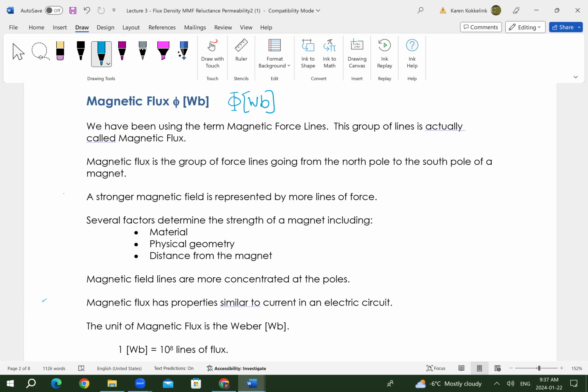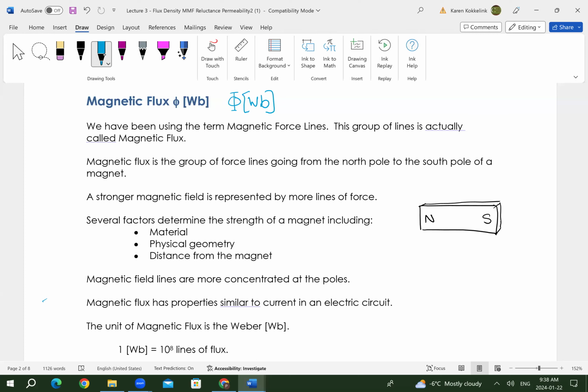The magnetic lines of flux that I'm talking about, we can look at from a bar magnet perspective or from a current carrying conductor perspective. If I just look at a bar magnet, which is sitting on my desk, it's a piece of ferromagnetic material that has the ability to have magnetism induced in it.